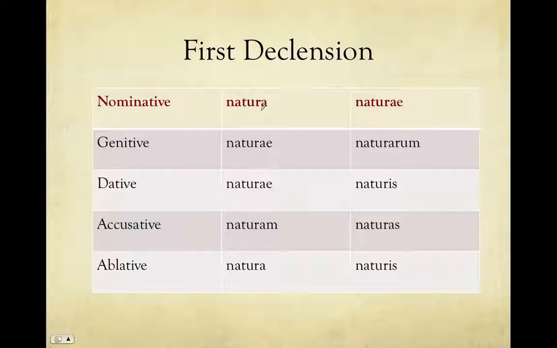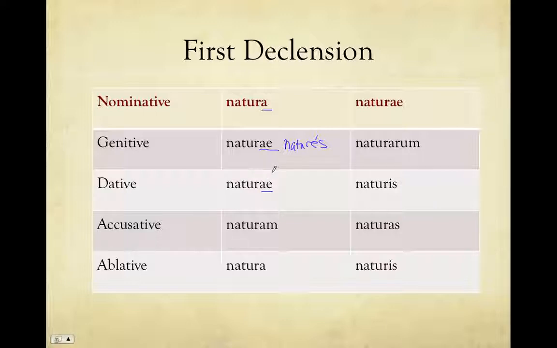Natura, nominative. Naturae, genitive, AE, so of nature or natures. Naturae, AE, dative, to or for nature. You'll notice that these two are identical in form.